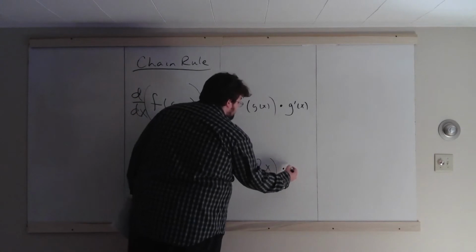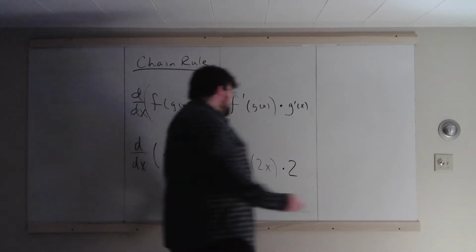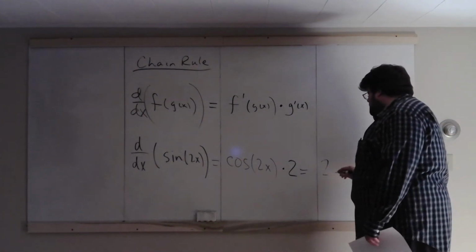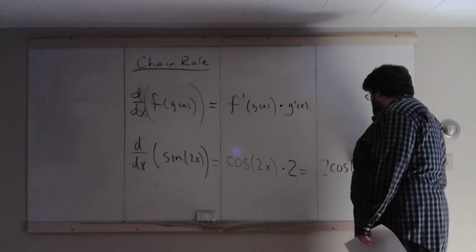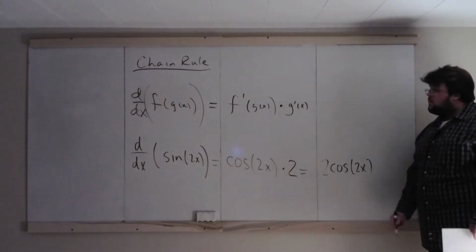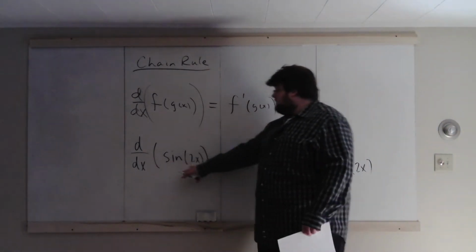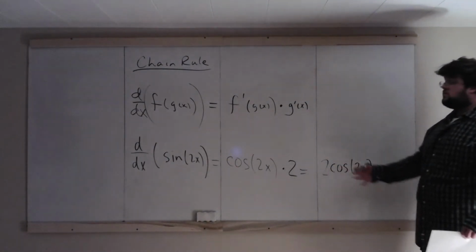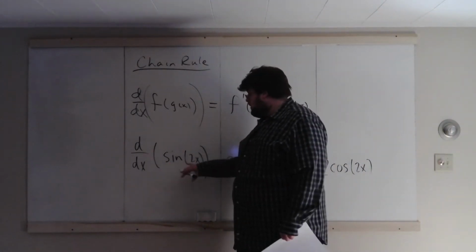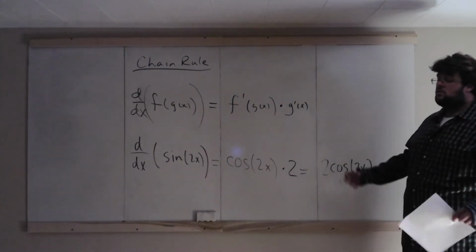The derivative of 2x is just 2. And we could rewrite that. Sometimes it's nice to simplify these, sometimes it's not. With something like that, I think it's nice to just throw the 2 out front. So the derivative of sine of 2x is cosine of 2x times 2. Derivative of sine is cosine. Leave 2x alone, and then multiply by 2.